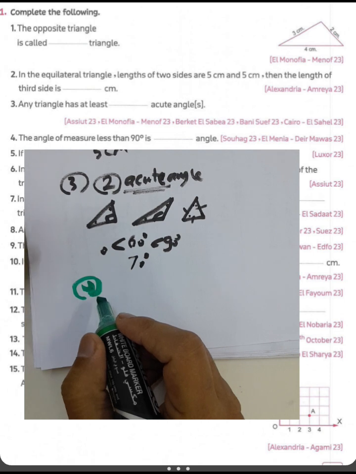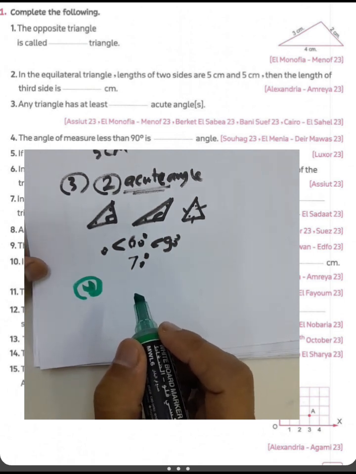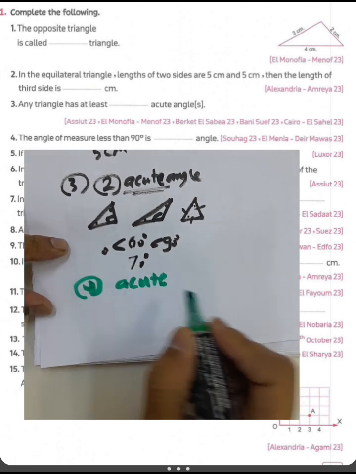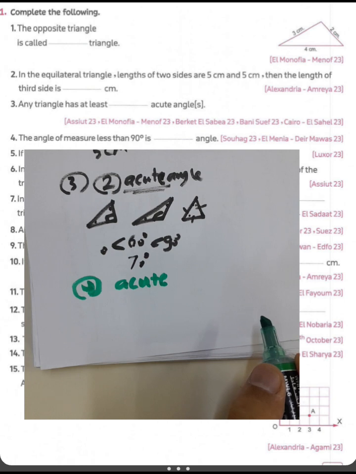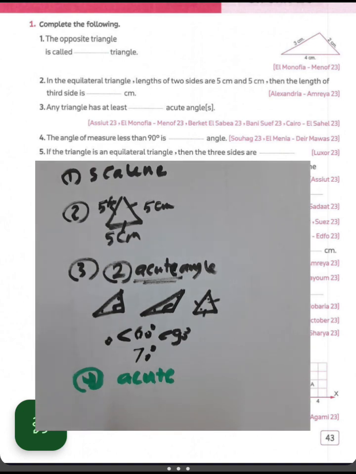Question number 4. An angle of measure less than 90 degrees, we call it what? We call it an acute angle. Next question, question number 5.